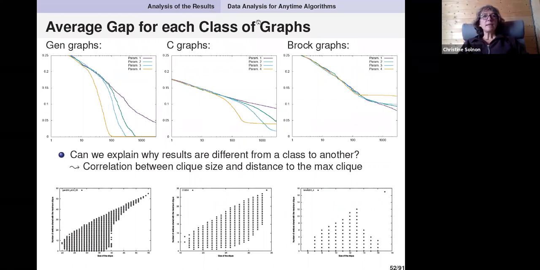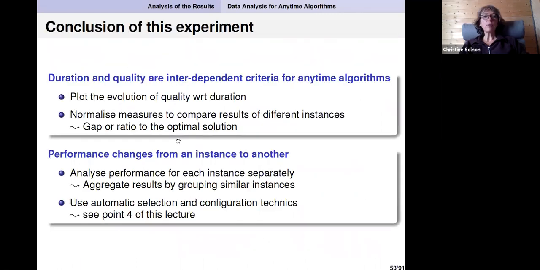Okay, so would it not be better to compute the best average gap with a subset that contains all classes of graphs? Well, of course, you can also compute the best average gap for all classes of graphs, but you will merge curves with very different shapes, and you will obtain average conclusions. That's my conclusion for this experiment.